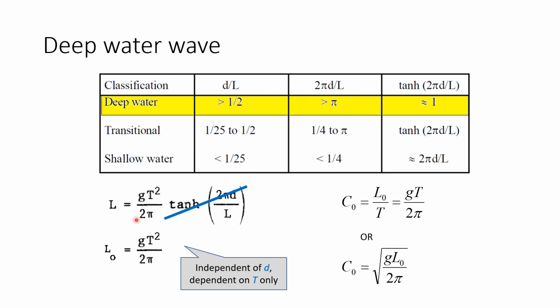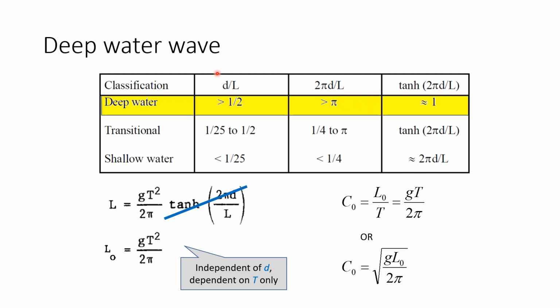Now, the changes in 2 pi DOL will affect the value of tanh of 2 pi DOL, which is part of the expression. So what happens is that for deep water, if DOL is more than half, when 2 pi DOL is more than pi, then tanh of 2 pi DOL will be approximately equal to 1.